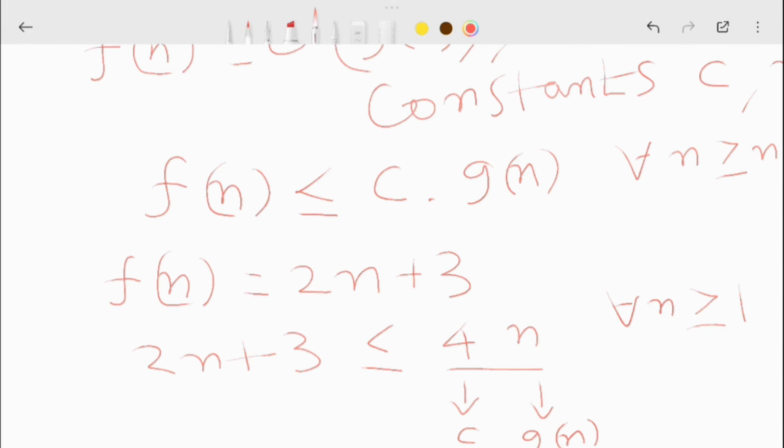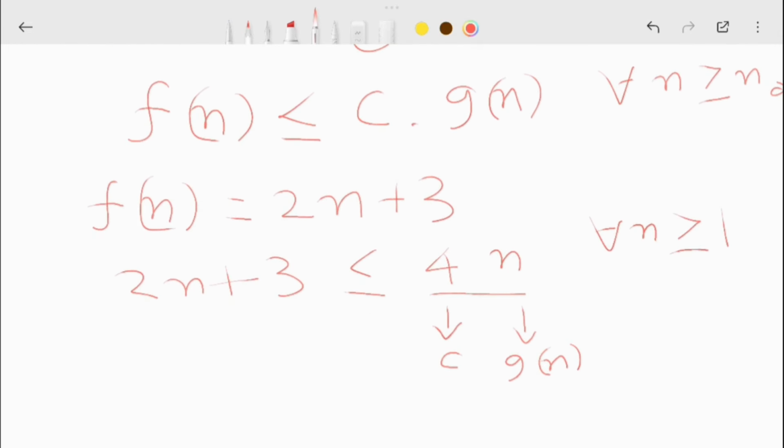Now this f of n can be represented as big O of g of n. That means here g of n is nothing but n, so big O of n.